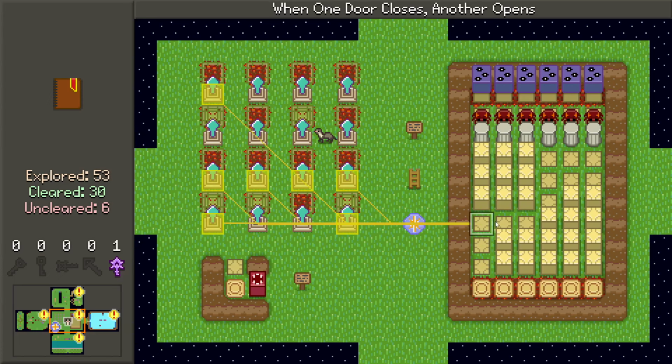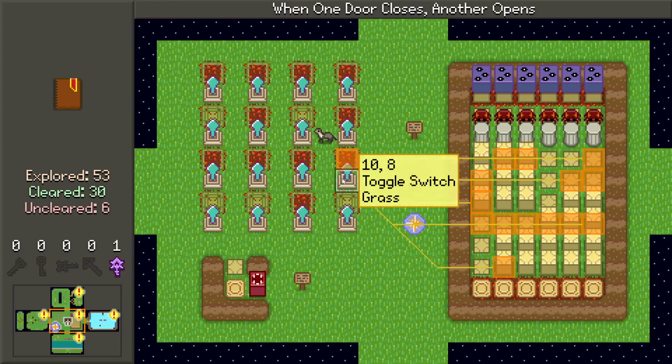Was that not involved in a... Oh, you're involved in a double. And because you're involved in a double, 8-8 must not equal 10-8. Okay, so let's make that true. I need to sort these differently, maybe?